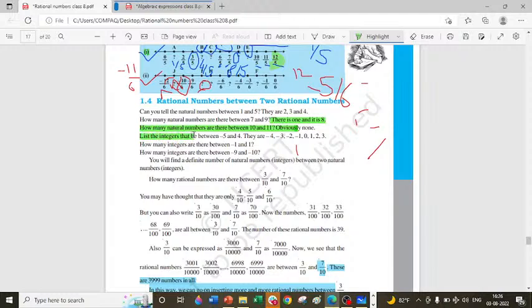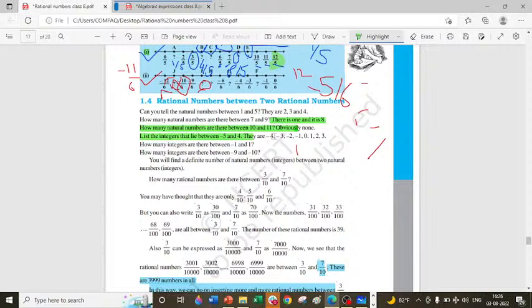List the integers that lie between -5 and 4. So -5 और 4 के बीच में जो numbers आते हैं आपके. So as I told you, whenever we are moving to the left, we are going for the negatives, and when we are moving to the right, we are going for the positives. So as we know, अब हमें कहाँ जाना है? पीछे की तरफ जाना है.